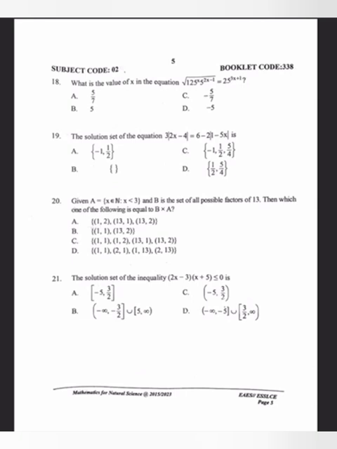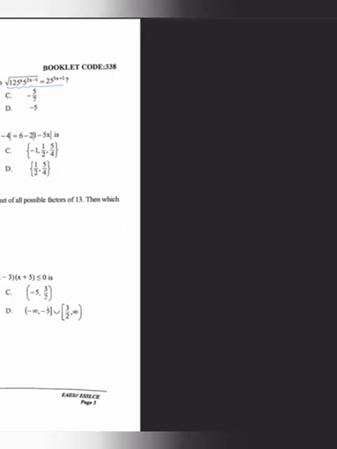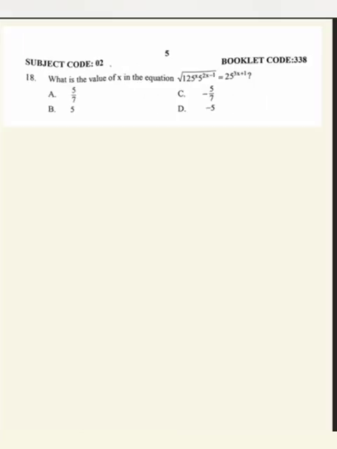18ኛ ጥያቄ ጋር ስንመጣ, what is the value of x in this equation ይላል. Exponential equation ተሰጥቶናል. So this exponential equation ውስጥ የx ዋጋ ምንድነው ይላል. So rules of exponential እንጠቀማለን. Okay, so የተሰጠን radical 1, the whole 1 over 2 ላድርገው, 1 over 125 the power of x times 5 the power of 2x minus 1 the whole 1 over 2 ላድርገው, this is the same as 25 the power of 3x plus 1.